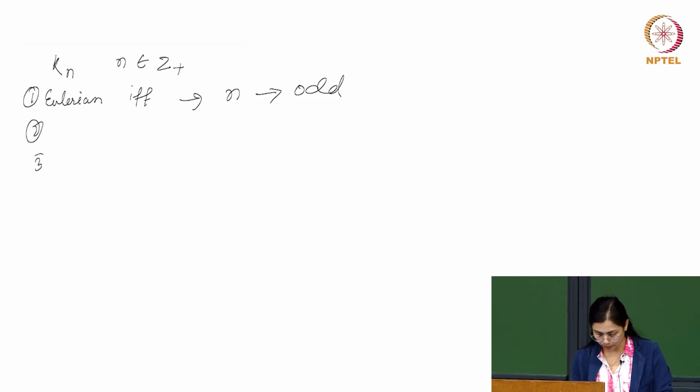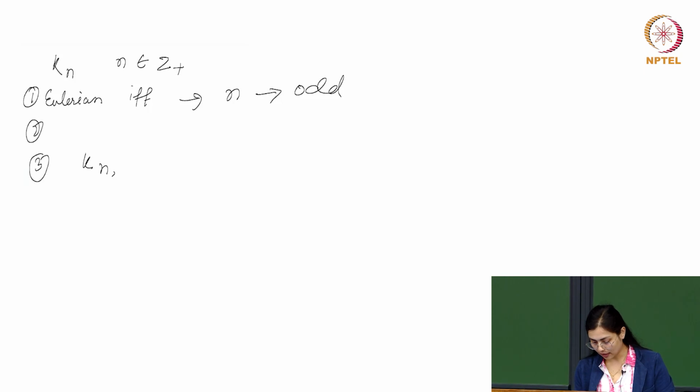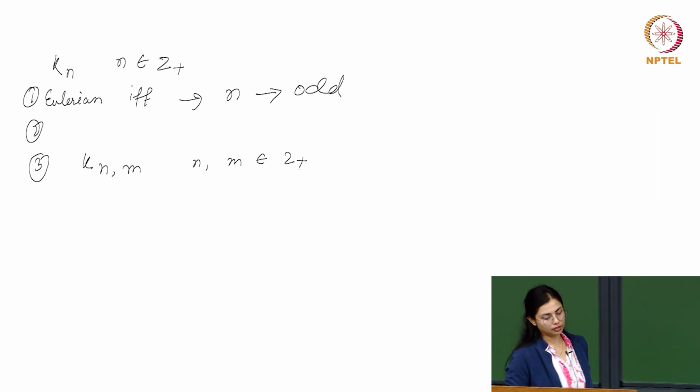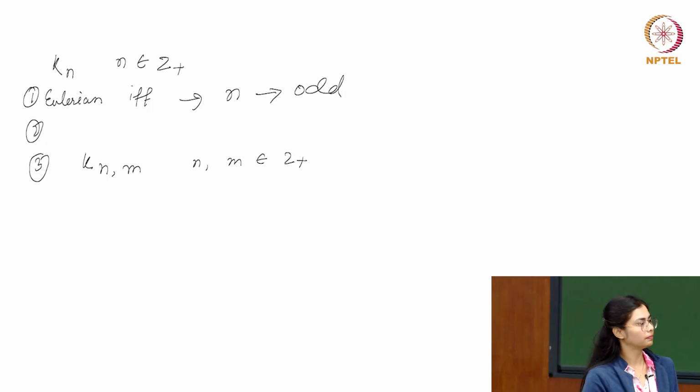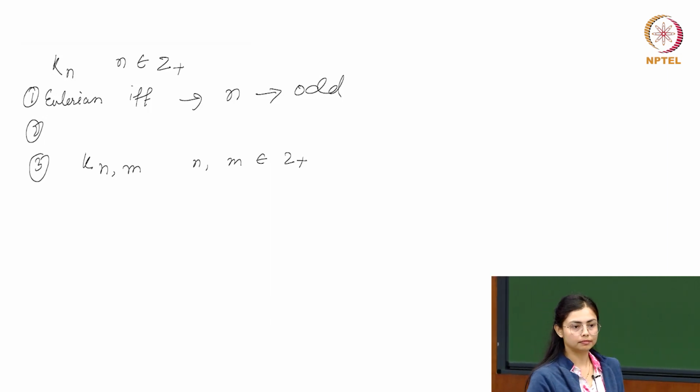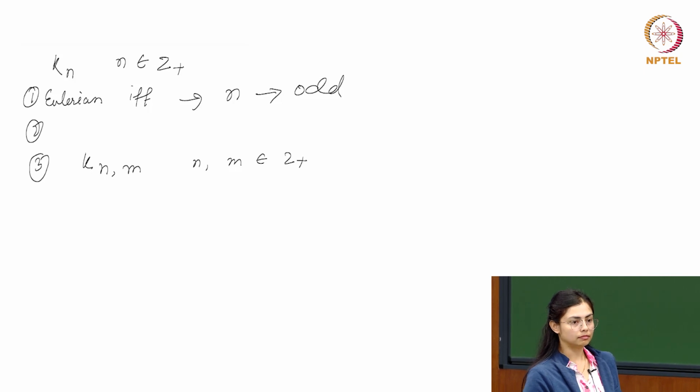Okay, in case of bipartite, do you remember what is the criterion for an Eulerian path and a Hamiltonian path? For an Eulerian path, if all nodes have even degree, then an Eulerian circuit will exist. But for a Hamiltonian path, it is not as simple.